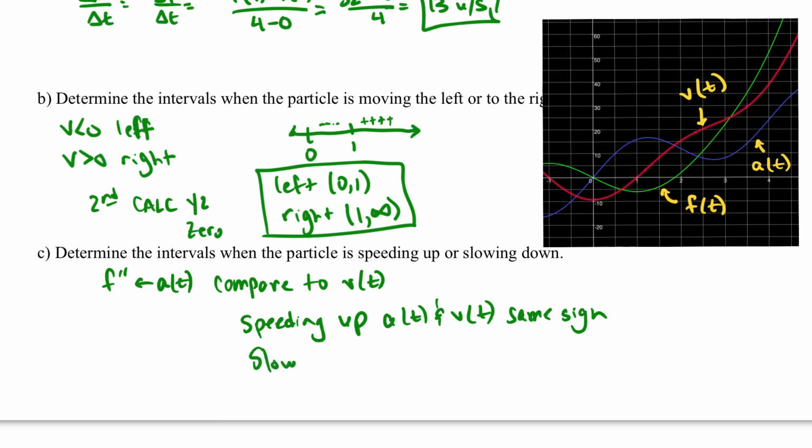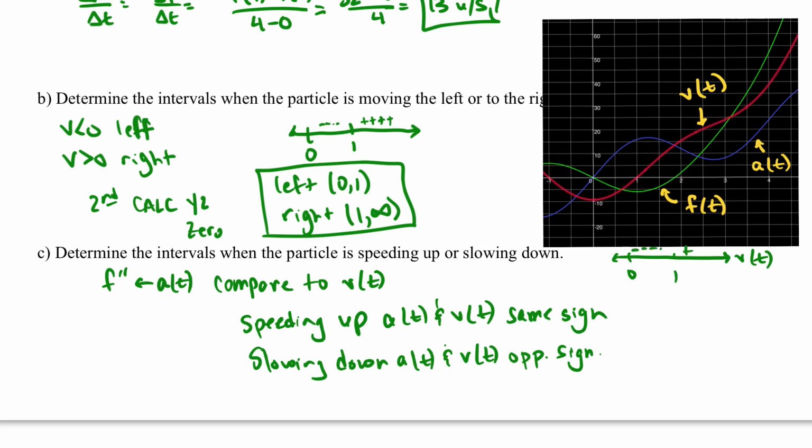Slowing down, that would mean a of t and v of t have opposite signs. So again, I'm going to do my number line method, and I'm going to compare these on a number line. This is going to be my v of t, and we already know v of t, this is at 0 here at 1. These are going to be negatives, and these will be positives.